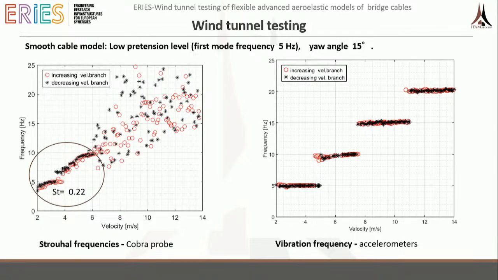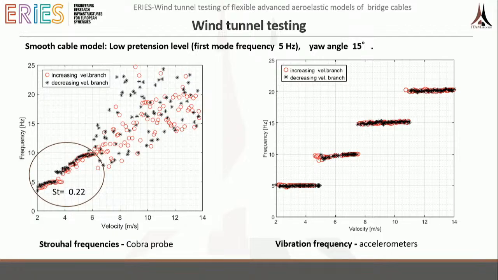Here, however, for the Strouhal numbers, we can see first frequency, second frequency, but going with the velocity higher than 6, we can see that there is a big dispersion of the points, even going up and high.